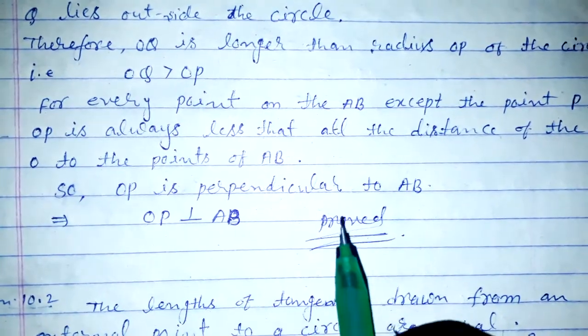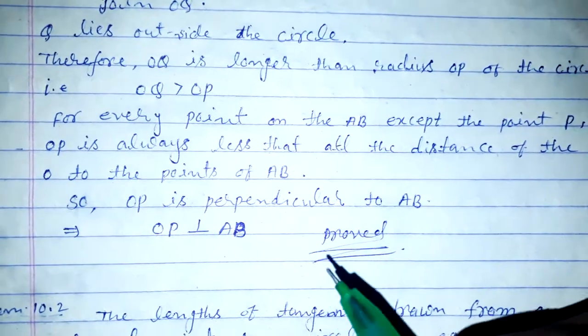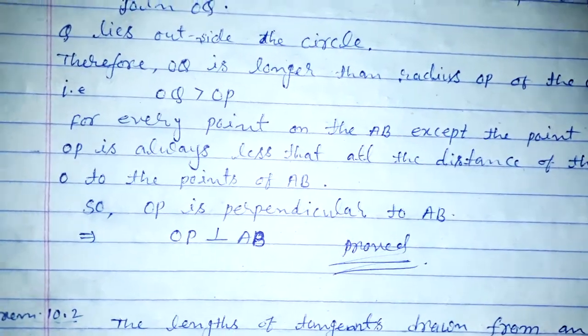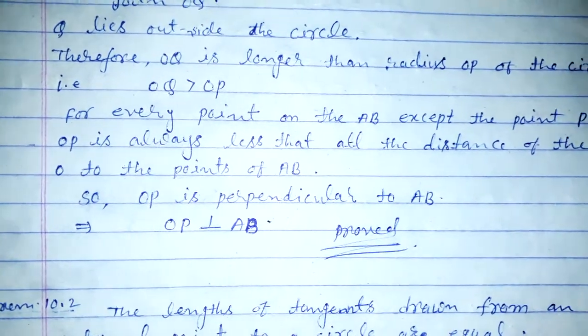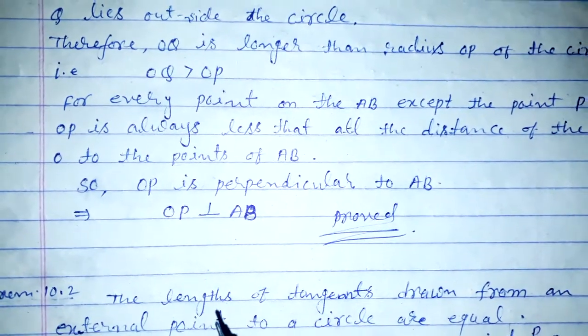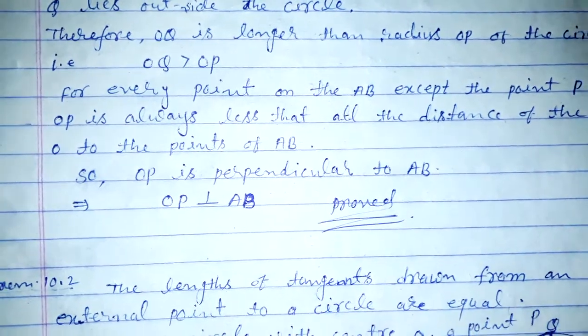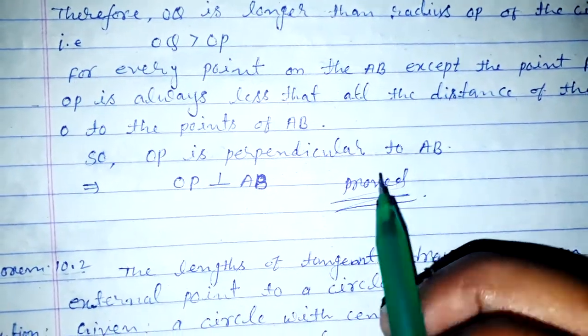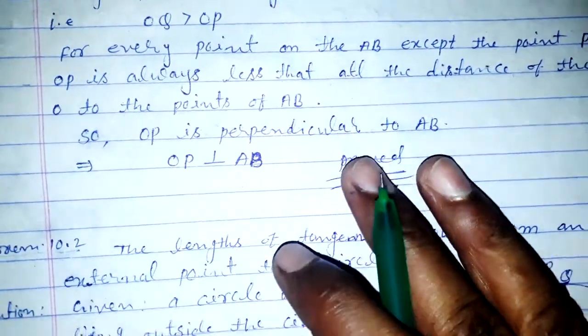So OP is the perpendicular. We also know that the perpendicular distance is always less than any other distance from a point to a line. So OP is perpendicular to AB. Proof done.